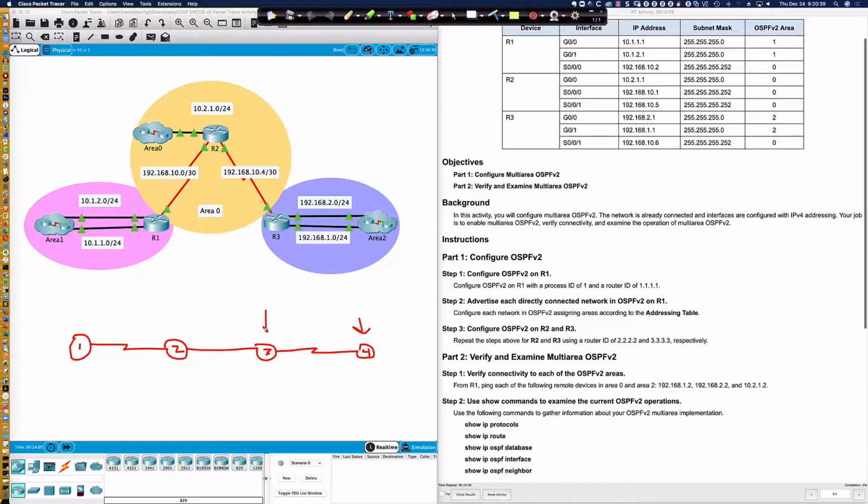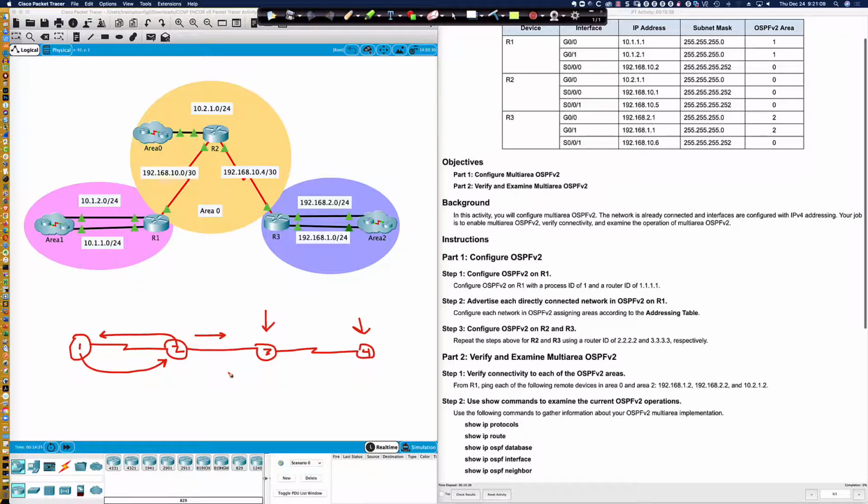It has no idea about router 3, or any of the networks behind any of these routers. All router 1 knows about is what router 2 is telling it. In other words, it's up to router 2 to communicate to router 1 everything that's going on over here.